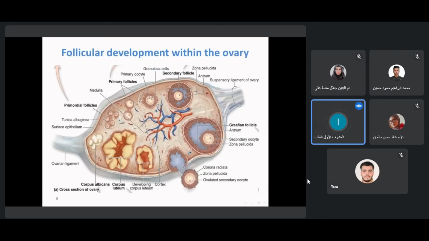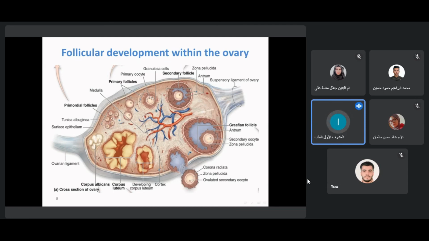This is the section of the ovary again, and it shows the follicles at different stages of development. These are the primordial follicles that develop during fetal life and stop their division at about 12 weeks of gestation, and remain this way until puberty, at 12 to 14 years old.